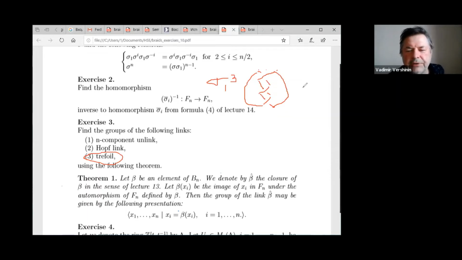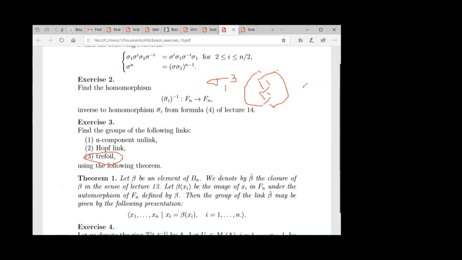Figure 8, an alternating diagram with 4 crossings. Okay, let's try to take 3 lines and sigma 1.